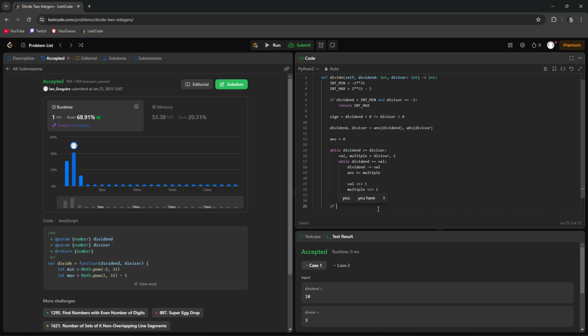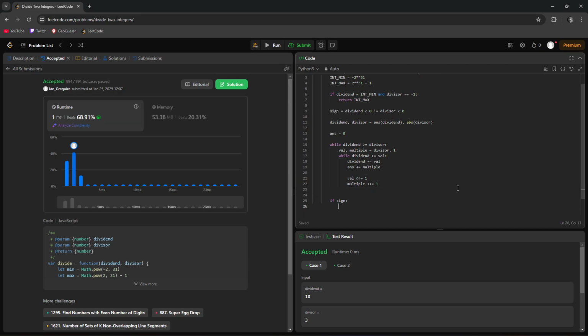Well, if sign, this is actually going to be true or false. So if it's true, that means it's negative. So ans equals minus ans.